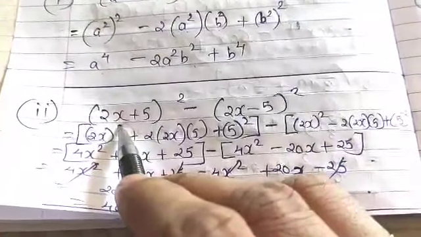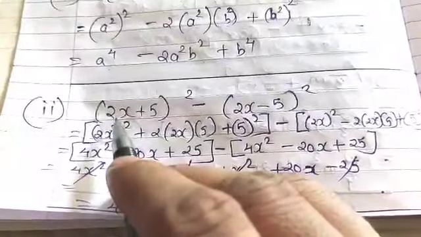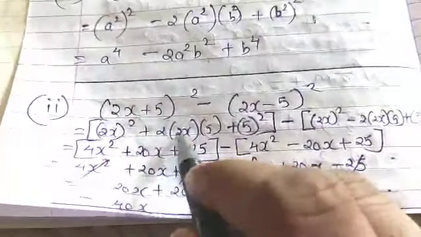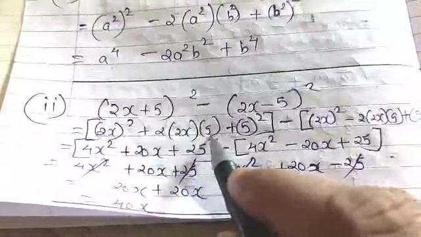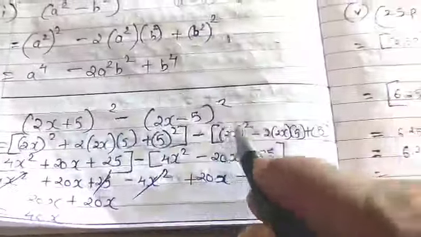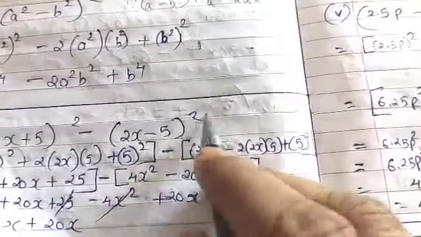First we will solve this part, that is we will apply (a + b) the whole square, that is a², that is (2x)², plus 2 into ab, that is 2 into 2x into 5, plus 5 the whole square. Then put minus sign and we will solve this value, that is (2x − 5) the whole square over here.